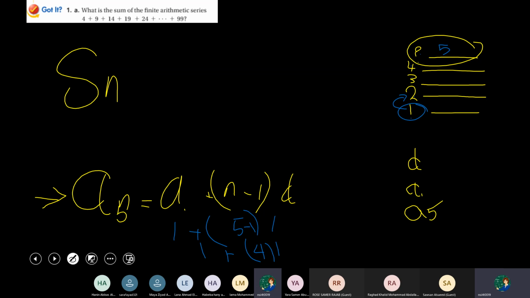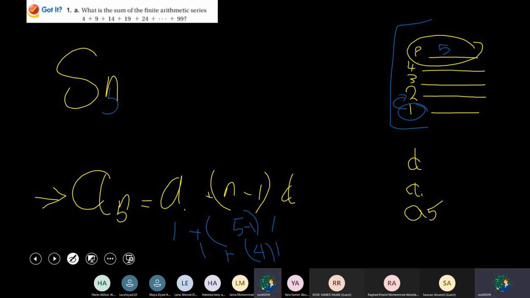Okay. Now what about S of n? I told you now, how many girls are in the class? Just count all of them. You add all of them: 5 plus 4 plus 3 plus 2 plus 1. So S of n is the total of the girls.